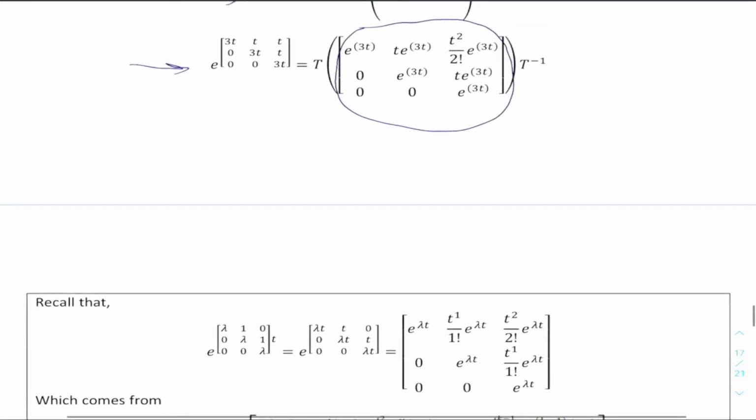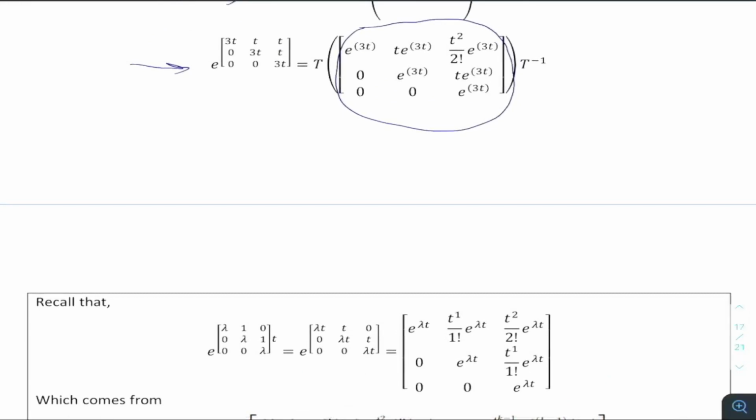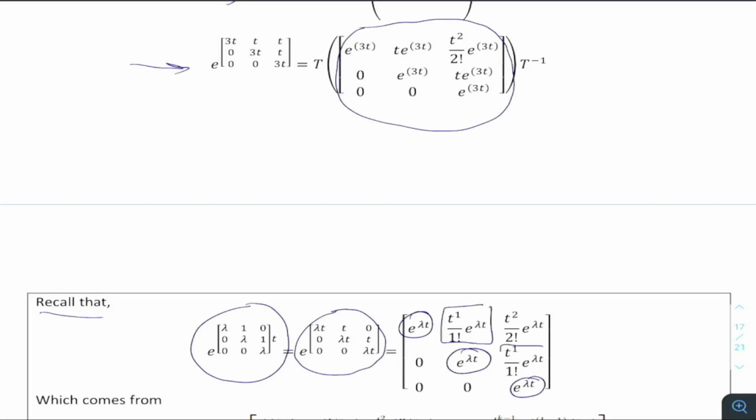So let me get this, recall that, right? For that type of exponential operation, we would have this, and then we would write those terms, and then we would write those terms, right? It's like Taylor expansion looking entries, right?